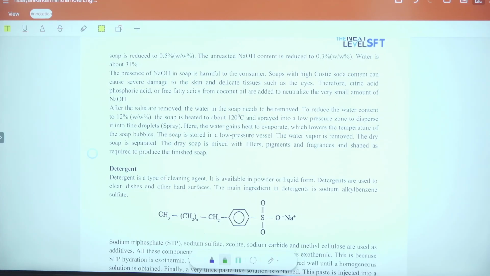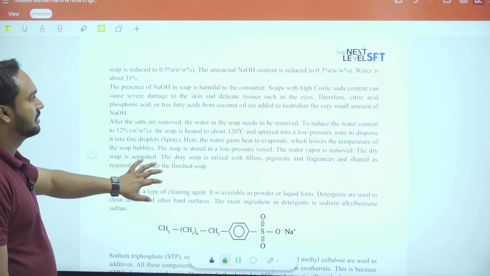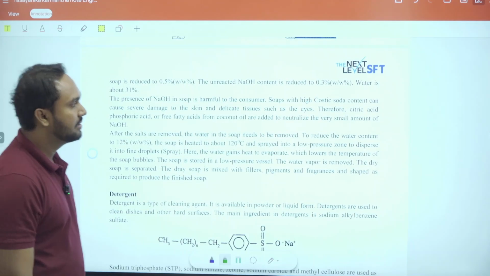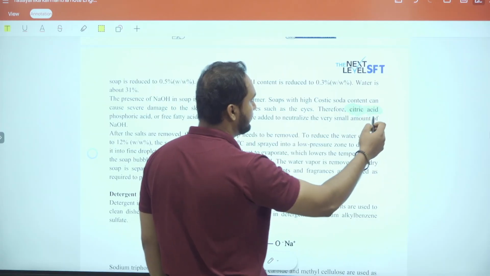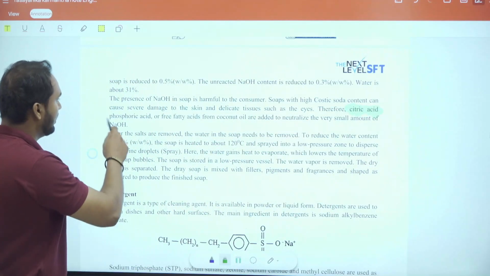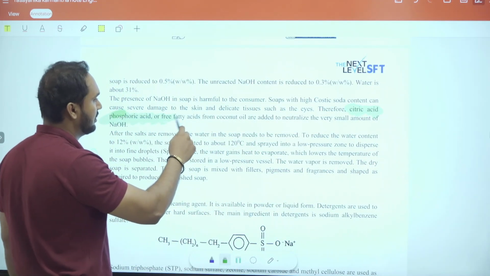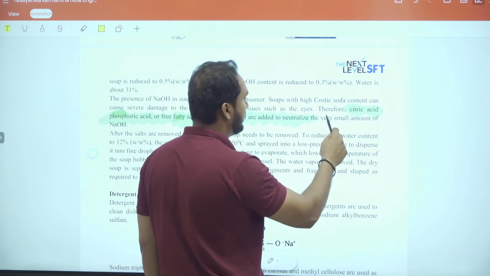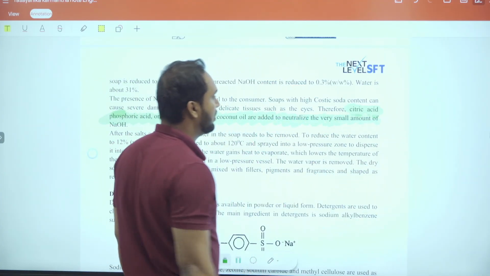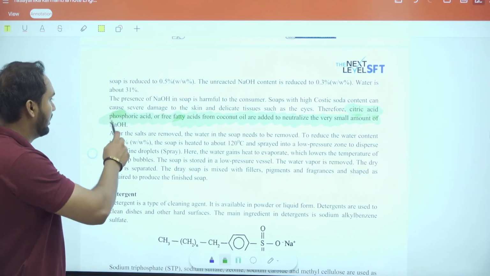Therefore, citric acid, phosphoric acid or free fatty acids from coconut oil are added to neutralize the very small amount of NaOH.